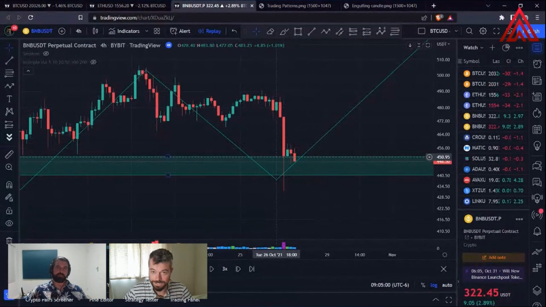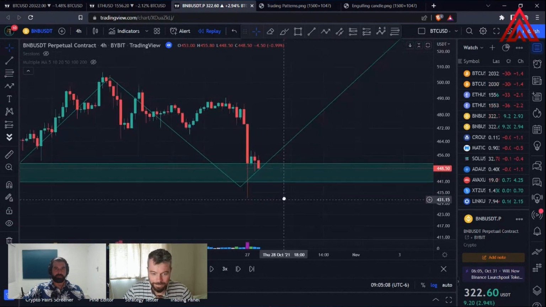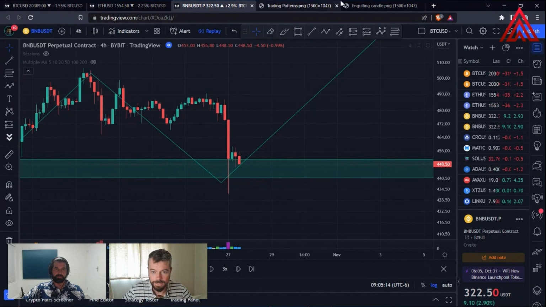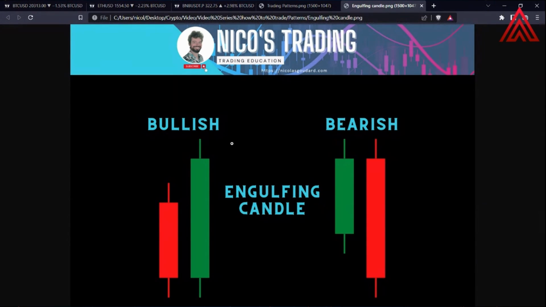And we will be looking for a trading pattern, which is a double bottom, okay? On this trading pattern, we are going to look at a double bottom here, and we will add a candlestick pattern. Okay, so this candlestick pattern is the engulfing candle.